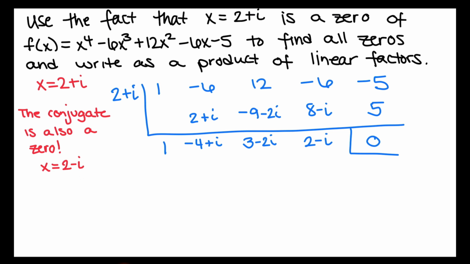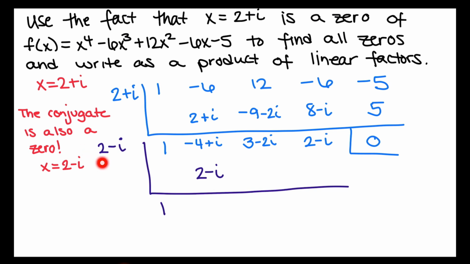So let's, without even rewriting this ugly polynomial, do synthetic division again. Let's take this result here and divide it by the factor x minus the quantity 2 minus i. So I'll bring down the 1, multiply. 1 times 2 minus i is 2 minus i. Now when I add, notice the i's go away, and I'm just left with negative 2.